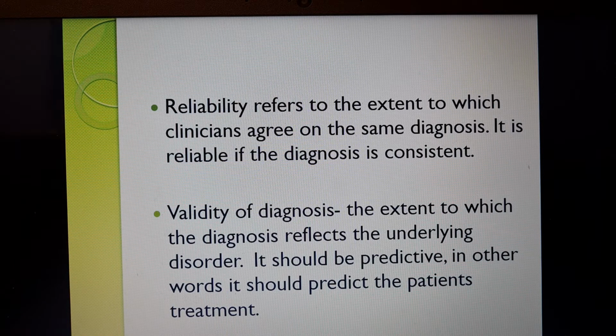For example, if we are diagnosing a schizophrenic patient by hallucinations and delusions, which are often caused by high levels of dopamine neurotransmitter in the brain, then we must make sure that our treatment also reflects that cause. Generally, antipsychotic medication does work by changing neurotransmitter levels. So this is what we mean by the validity of diagnosis.